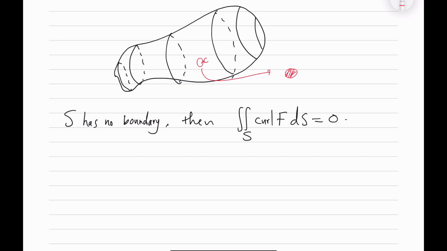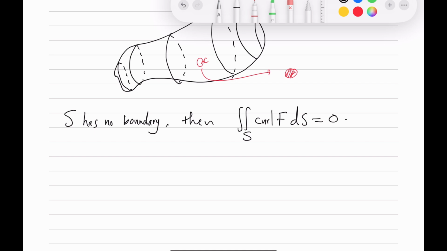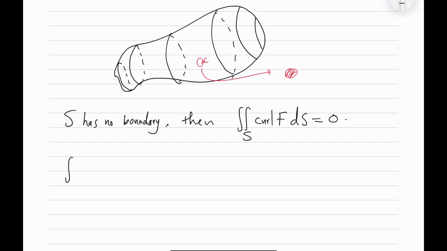So this will be the boundary curve. And once we fix the orientation the right way, because here we have already fixed the normal, that means we pick the right orientation for the curve C. But once we do that, the integral of curl of f dS over the surface minus the disk will be equal to the integral along C of f dr.